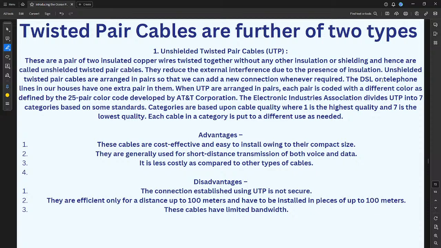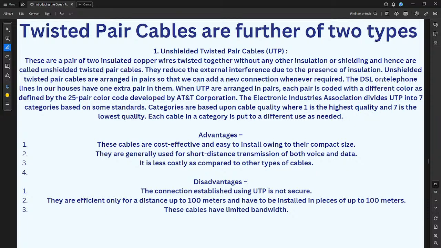For the purpose of this live stream, we're not really going to deep dive into the twisted pair cables. Of course, what we want to really understand more are the technicalities, but these are equally important as well.